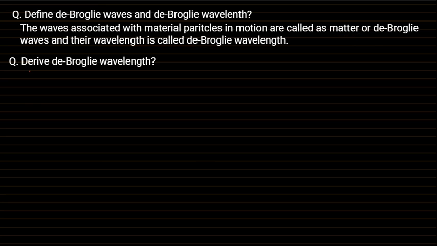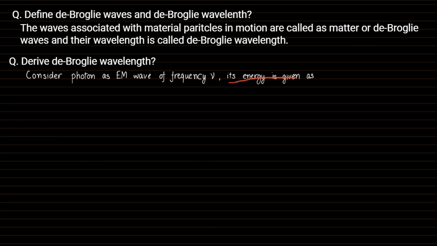Now let us derive the de Broglie wavelength, or we can also say we can derive the expression for the de Broglie wave equation. Consider a photon as an electromagnetic wave of frequency nu. Then its energy is given by the expression E equals h nu, where h is Planck's constant.